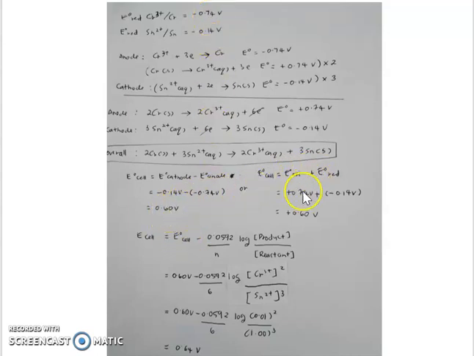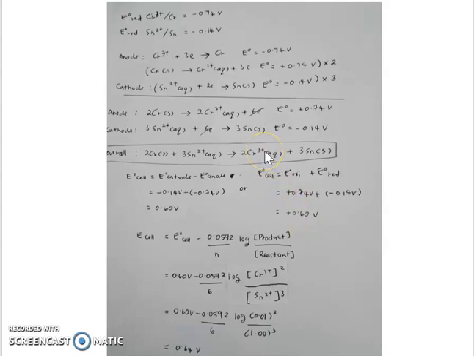Or you can use the second formula, E naught cell equals E naught oxidation plus E naught reduction. For E naught oxidation, you need to change the sign from negative 0.74 to positive 0.74. So positive 0.74 plus E naught reduction, negative 0.14, you will also get 0.604.